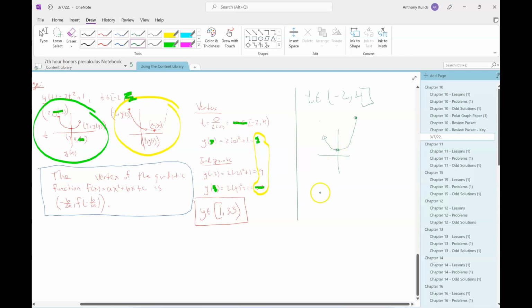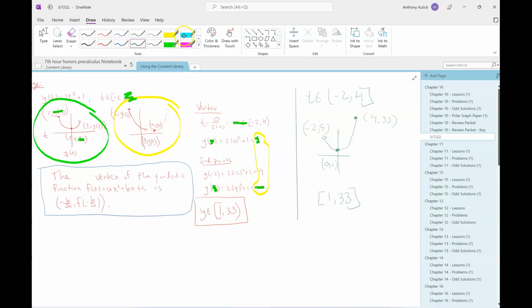Now, you'd think probably 1 to 33, right? Both inclusive because we have 0, 1 here, and then we have 4, 33 over there. This is negative 2, 9 over there. Everybody okay with that?